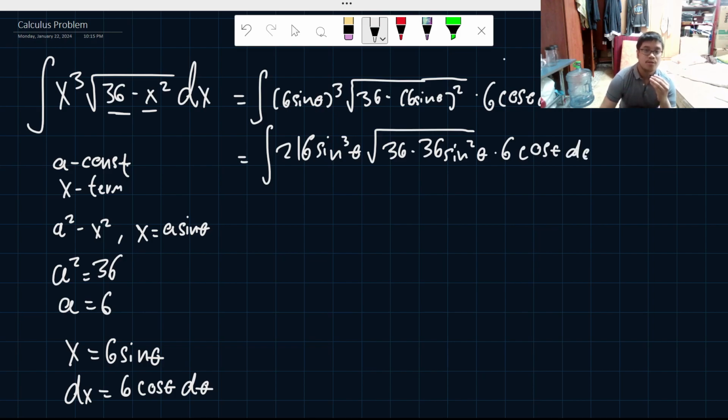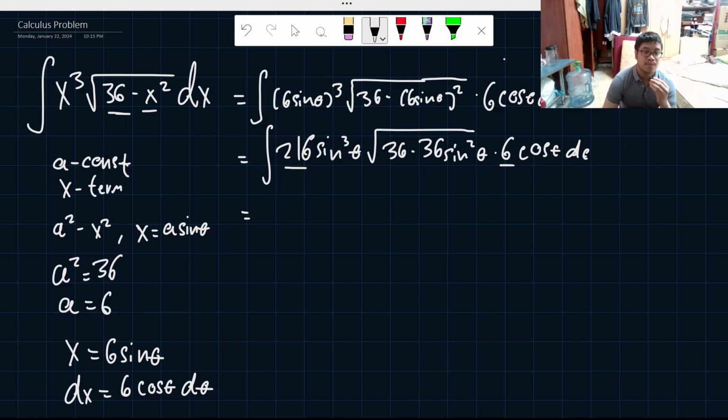All right. Before we proceed to simplify more, let me simplify the problem by bringing 216 and 6 outside. That's actually according to the constant multiple rule of integration, where if you have a constant beside a function, you can just bring it out.